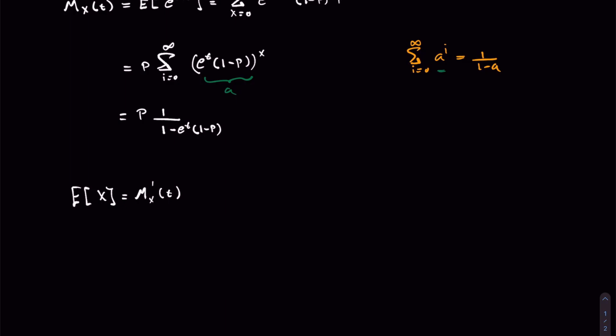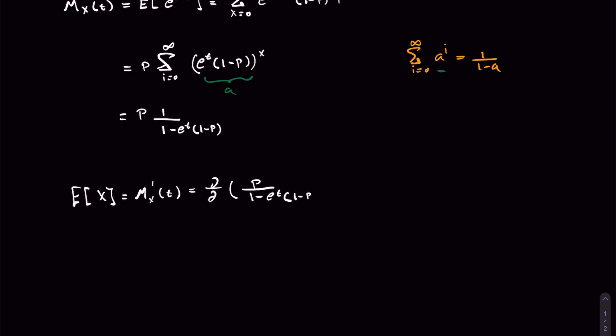Let's start by calculating the first derivative with respect to t of the MGF that we just calculated.